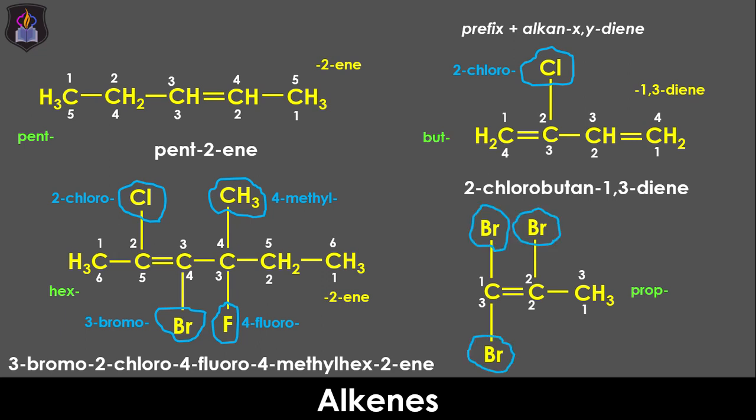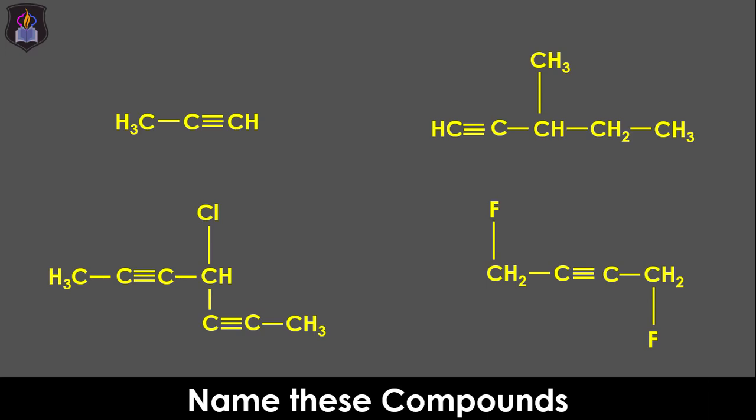Out of the 3 bromine atoms, 2 are attached to carbon 1, while 1 is attached to carbon 2, giving the prefix 1,1,2-tribromo. Therefore, the name of the compound is 1,1,2-tribromopropene.